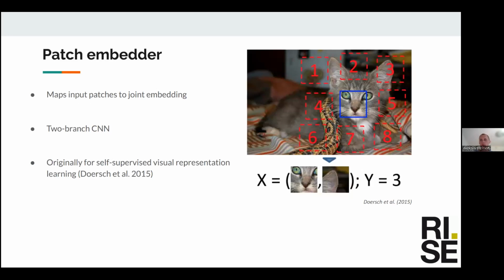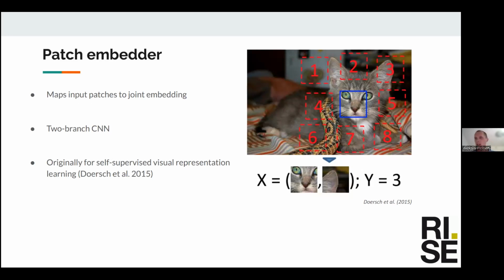So this patch embedder, we realized quite early in experimentation that we would need some pre-training phase for the reinforcement learning system. And this is quite common in many visual representation learning setups. We found this earlier work by Doersch et al., who consider a self-supervised task for visual image classification and similar.